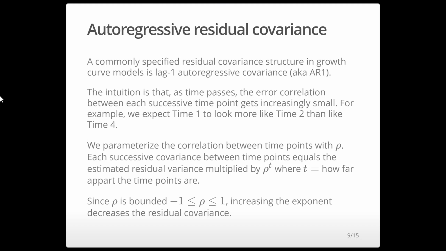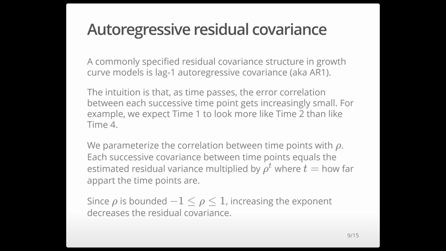So autoregressive residual covariance with lag 1, aka AR1, essentially, the idea is that as time passes, the error correlation between each successive time point is going to get increasingly small. So we expect time 1 to look more like time 2 than we expect time 1 to look like time 4. So we expect the correlation across time points to gradually decrease.